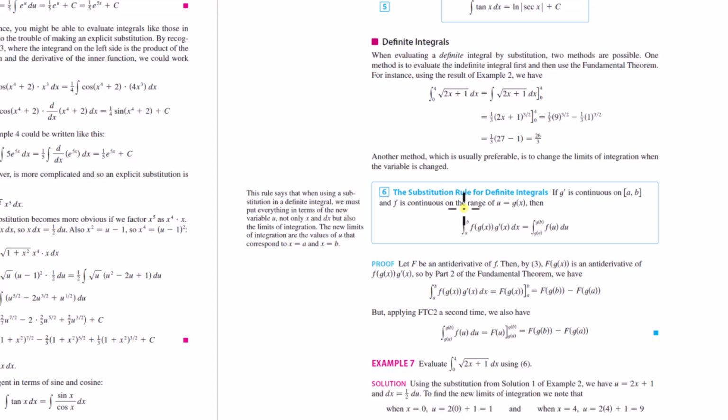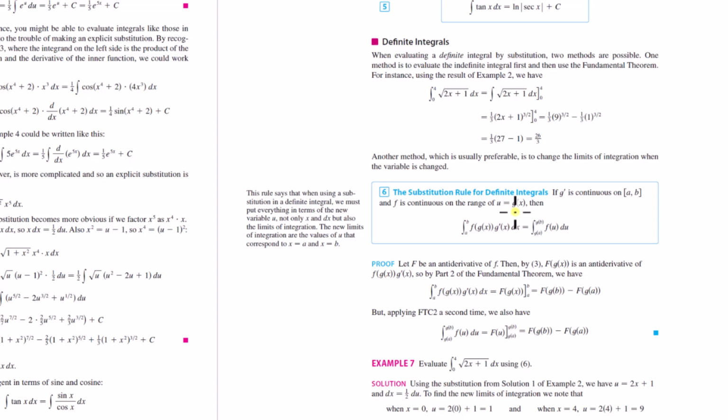Well, what you could also do, at that moment, is change the limits of integration to go with that variable change. You have your u equal to, say, 1 minus 2x squared, and you plug in those limits of integration.